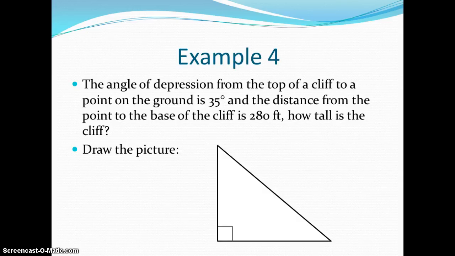So we have our right triangle, and we're going to create our angle of depression, which is 35 degrees. Our distance from the point to the base of the cliff is 280 feet. So we'll put 280 down at the bottom. And we're trying to find out how tall is the cliff. So we'll put x right there.